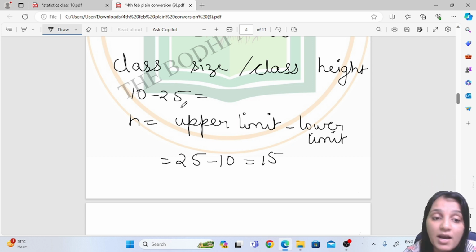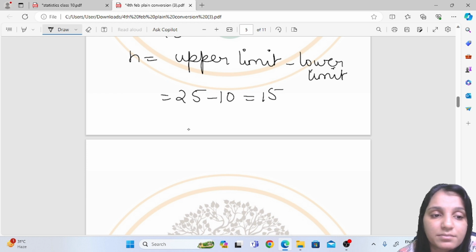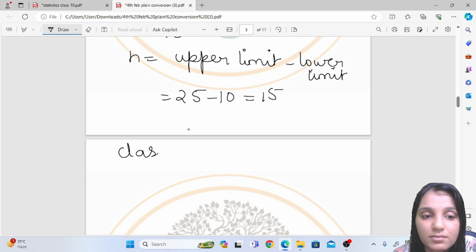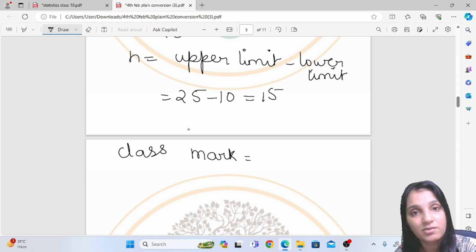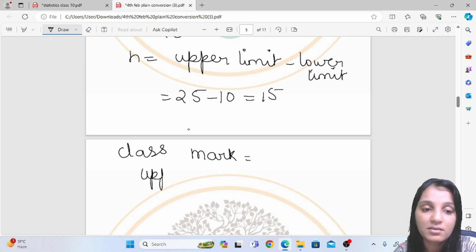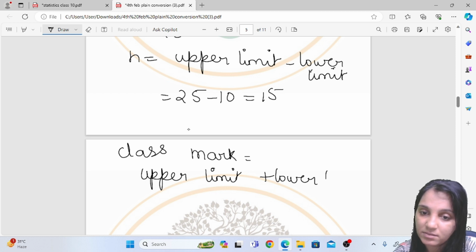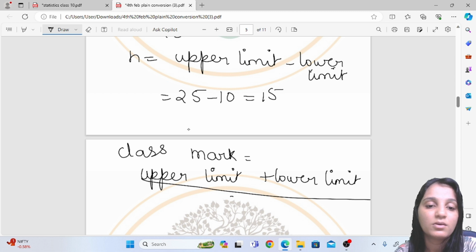Then we have class mark. Okay. Class mark is given by upper limit plus lower limit upon 2.